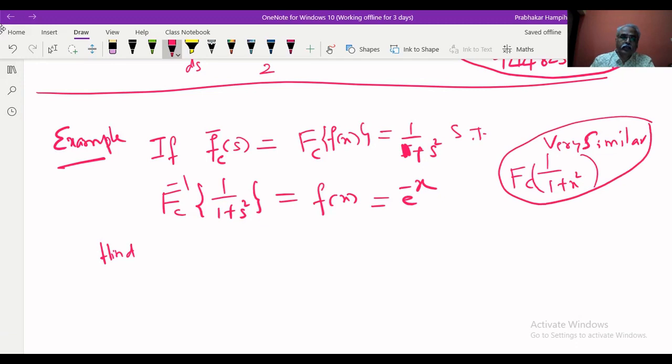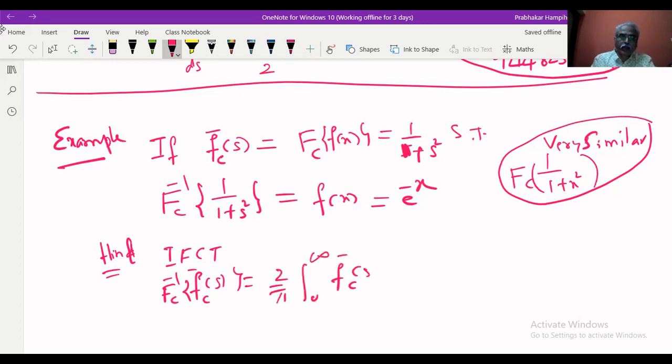So what you have to do is, in a similar way, consider the inverse Fourier cosine transform, which is the Fourier cosine inverse of any function of s is 2 by pi, 0 to infinity, whatever the function is there, to that you multiply by cos sx ds.